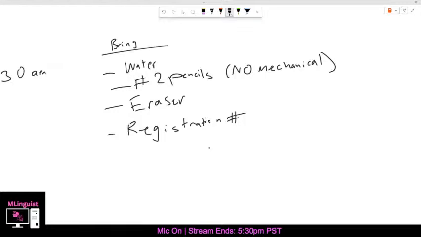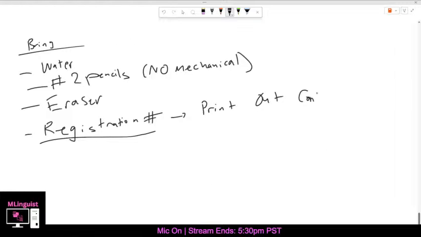I might even print out a registration confirmation to make the check-in process easier, so you have your registration number with you. You probably have the confirmation email, so just print that out. And if they don't let you bring it in, then just recycle it.